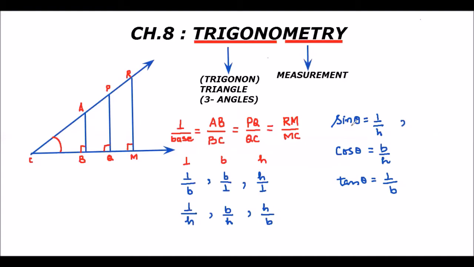So children, if you take the reciprocal of sine theta, the ratio will be hypot upon perpendicular, and that is represented by cosec theta. Sec theta is the reciprocal of cos theta, represented by hypot upon base, and the reciprocal of tan theta is represented by cot theta, which is base upon perpendicular.